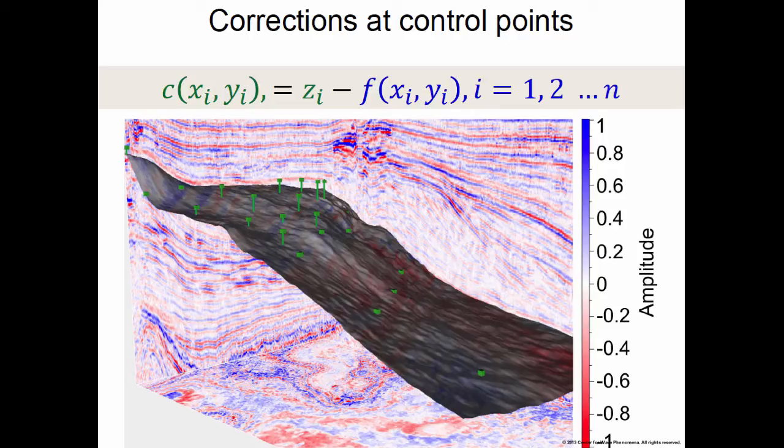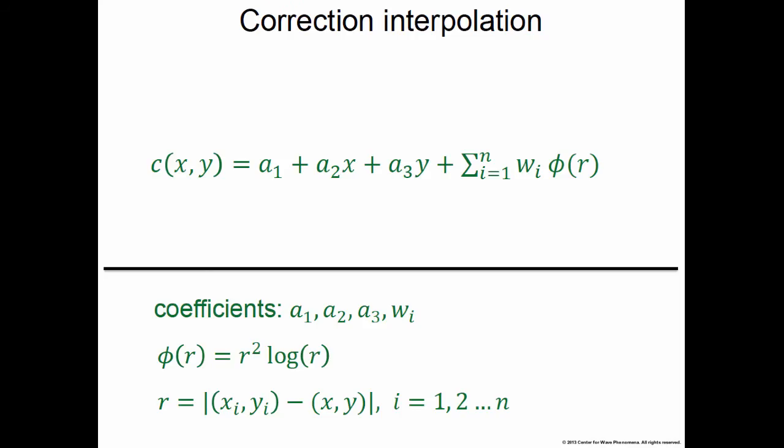By using these corrections at the control points, we can interpolate a correction field c(x,y) by using the thin plate spline interpolation method. In this interpolation function, its coefficients A1, A2, A3, and Ws can be computed by using the corrections and the positions that we have known at the control points.